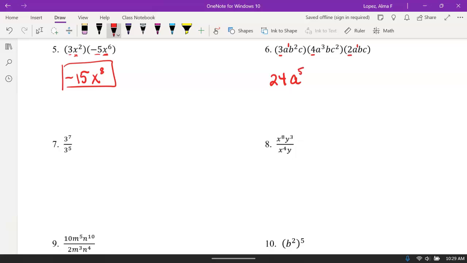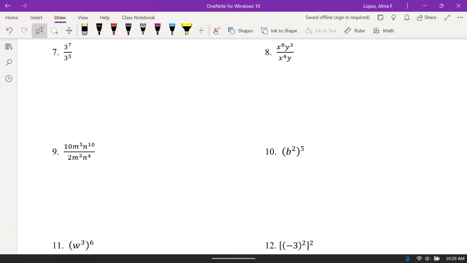For the B's, we have B squared, a B, which is B to the 1, another B, which is B to the 1, for a total of B to the 4th when you add the exponents. And C. C to the 1 times C squared times another C to the 1. That's going to give us C to the 4th power.